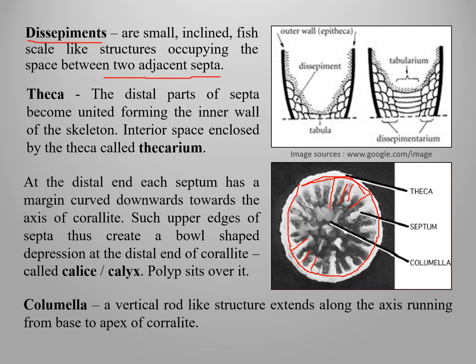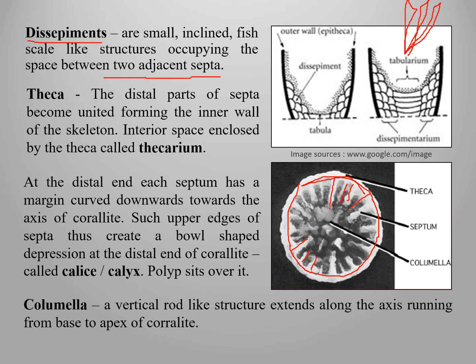At the distal end, each septum has a margin curved downwards towards the axis of the corallite. Such upper edges of septa thus create a bowl-shaped depression at the distal end of the corallite, over which the polyp sits. If you look at the transverse or longitudinal section of a corallite, you will find lots of septa. Here you can see this one is one septum, this will be another septum, and on this side another.